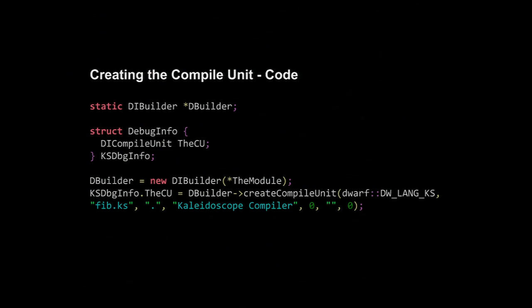And create the compile unit, right? We've got our language, we've got our source file, which, yes, I hard-coded in. Thank you very much. We have our directory also hard-coded because it takes standard in, right? So it's the Kaleidoscope compiler, and the rest of the stuff you don't need to worry about too much. It's mostly like runtime language stuff that we haven't pulled out completely to optional.